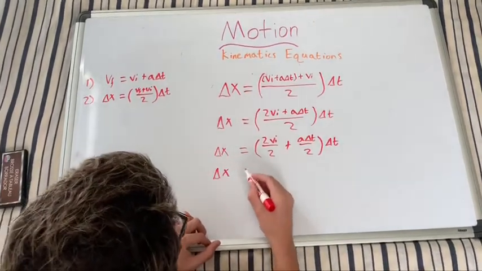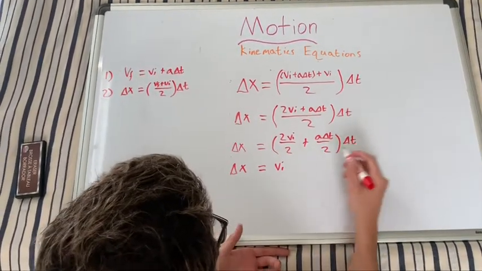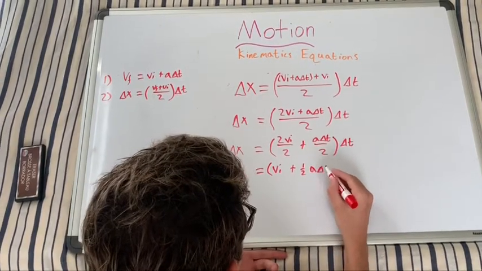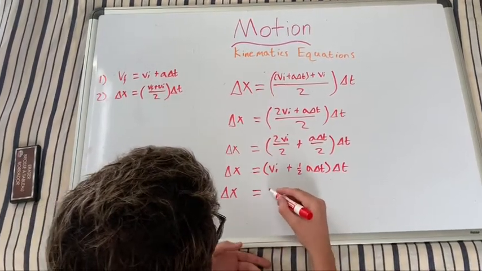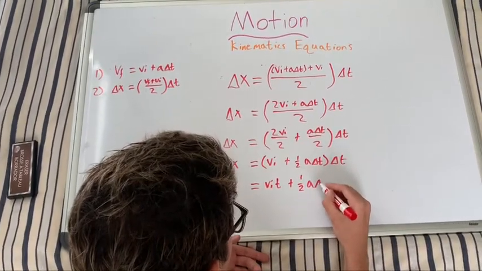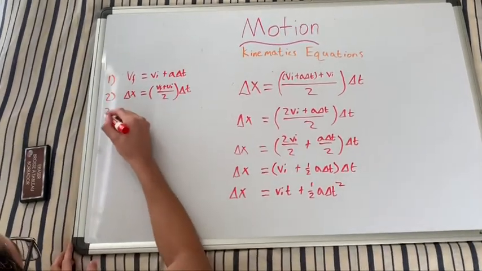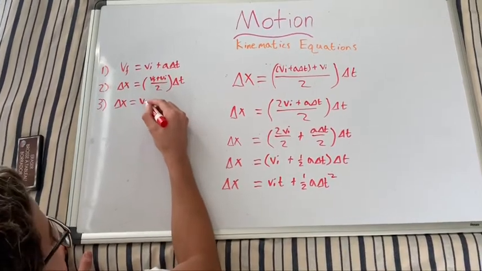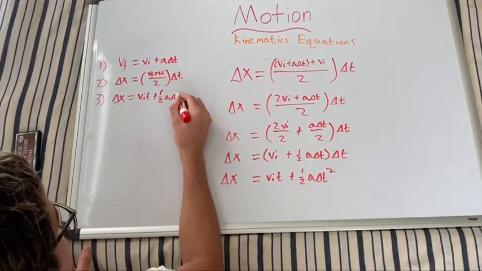And then we get the third kinematics equation, which is initial velocity times t plus 1/2 a delta t squared. So this is number 3: change in x is equal to vi t plus 1/2 a delta t squared.